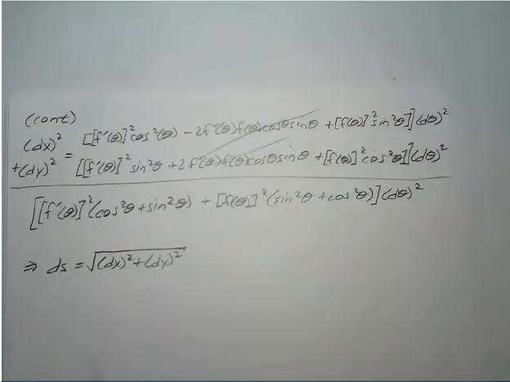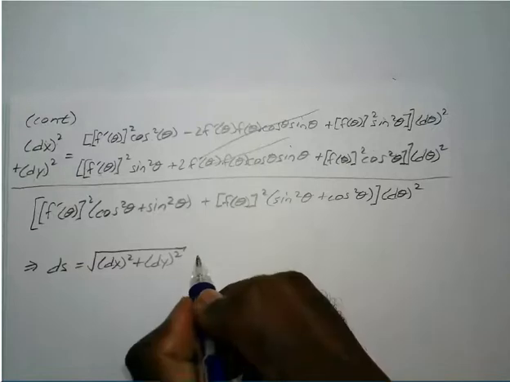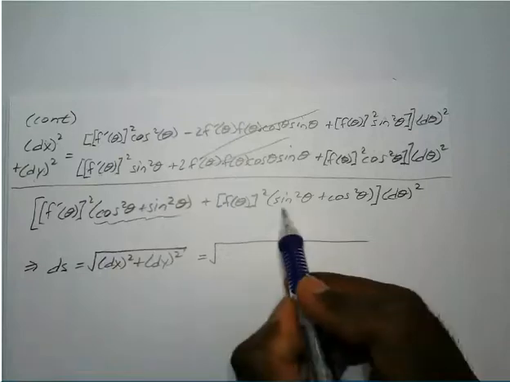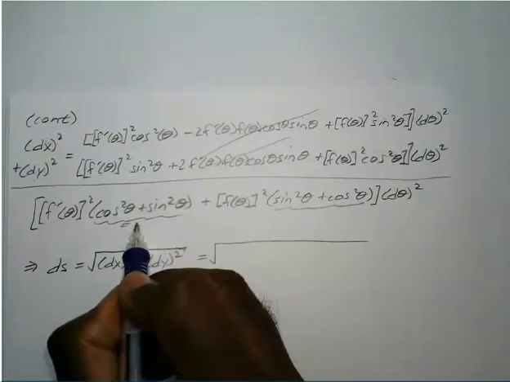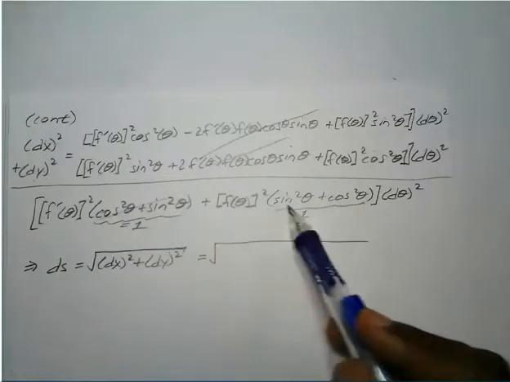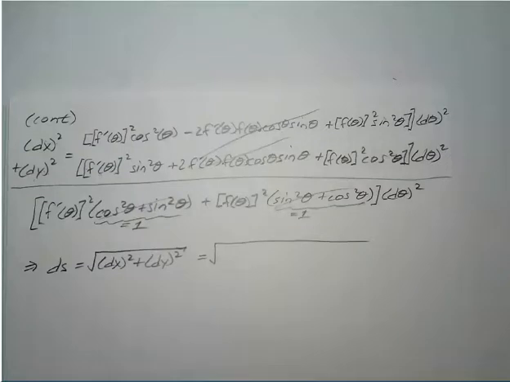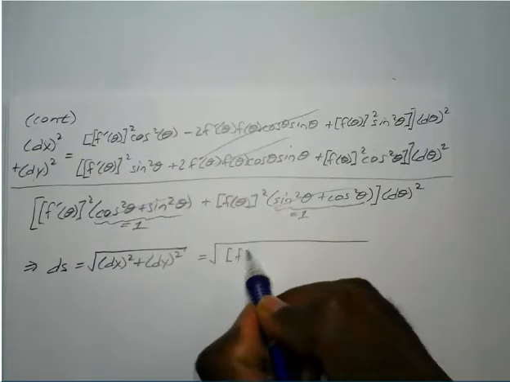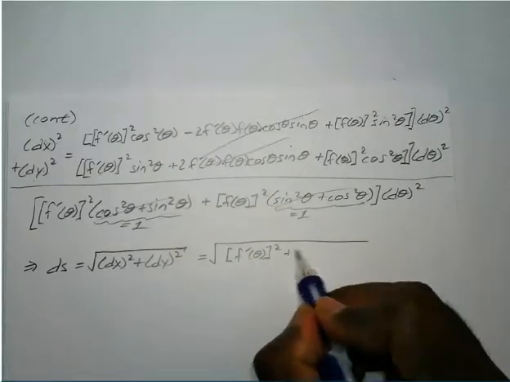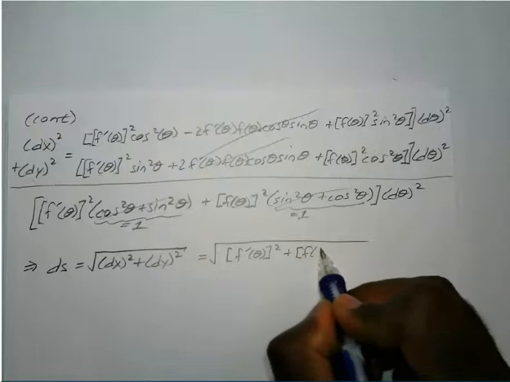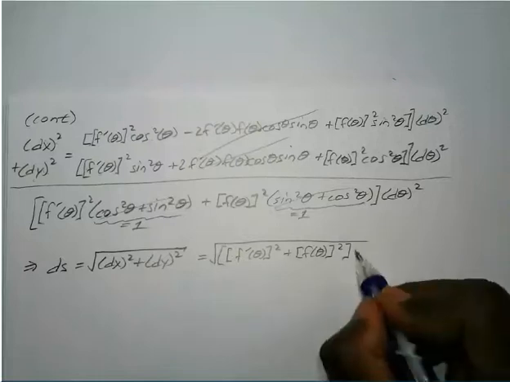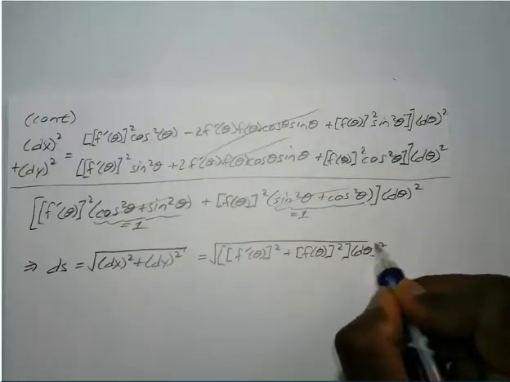But before we do that, you notice that cosine squared plus sine squared equals 1, so we can get rid of those, which leaves us with f prime of theta squared plus f of theta squared, times d theta squared.